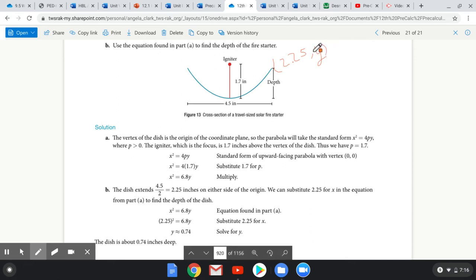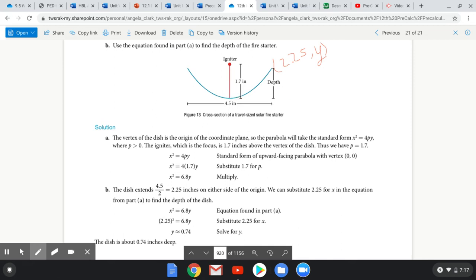Remember, this is the y-axis right here. So if we plug this x into our formula, then whatever y we get is the depth that we are looking for, because this is the x-axis right here since we made this the origin.